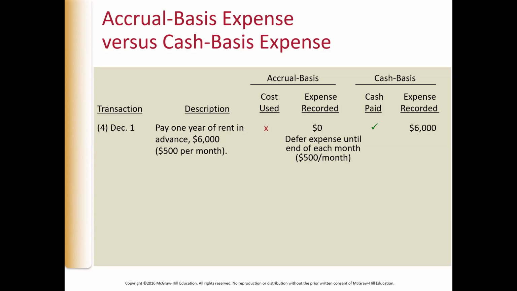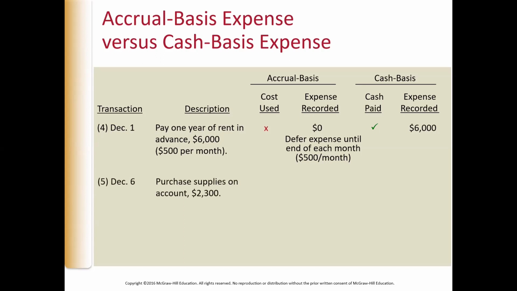There's no cost that is going to be expensed December 1st under the accrual basis of accounting. But under the cash basis of accounting, the entire $6,000 would be recorded as an expense immediately on December 1st. You see the difference?